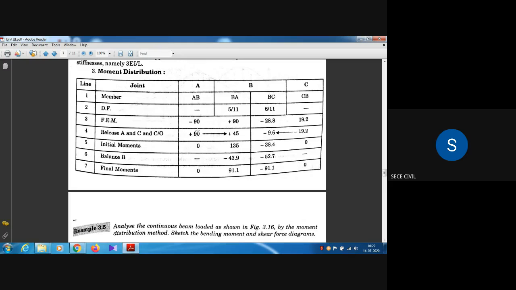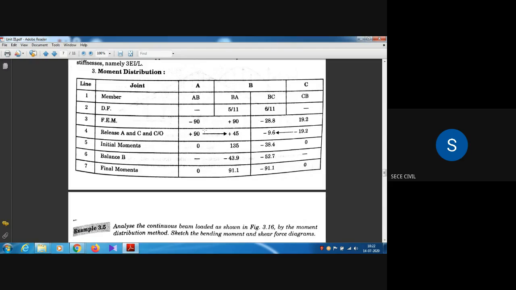So if we add an additional moment, what is the name of that particular moment? Technically, we call that moment the carryover moment.